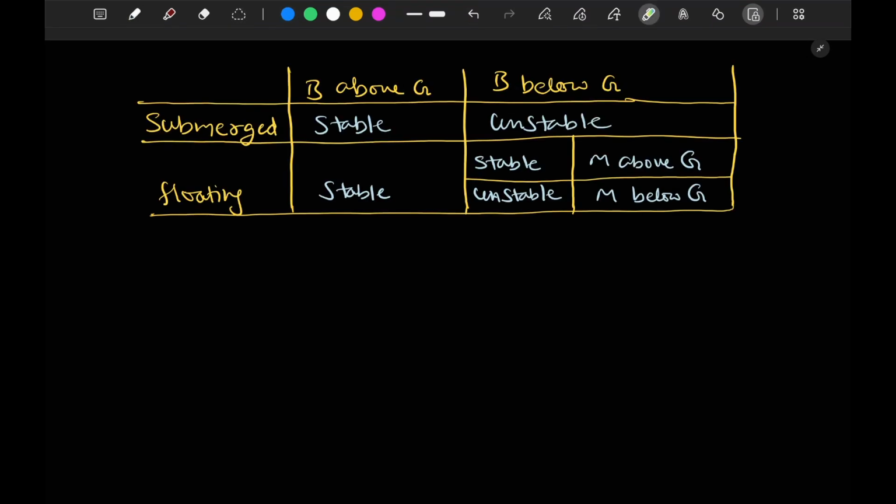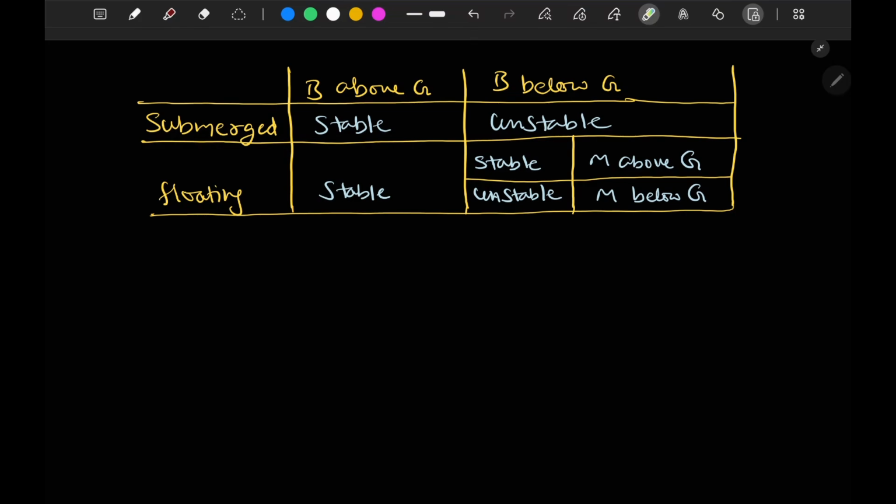For submerged bodies, when your b is above g, it is stable. If your b is below g, then it is unstable. In case of a floating body, if your b is above g, it will be stable. So whether it is submerged or floating, if b is above g, your body will always be stable.